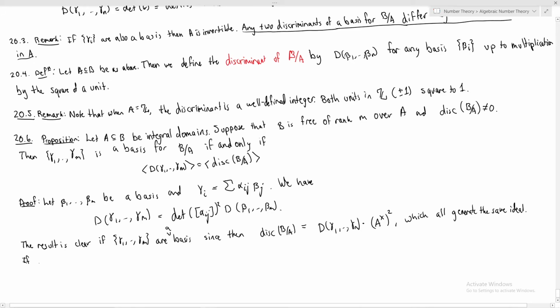So now suppose this ideal, and we haven't used that we're using integral domains yet, so that will come here shortly.